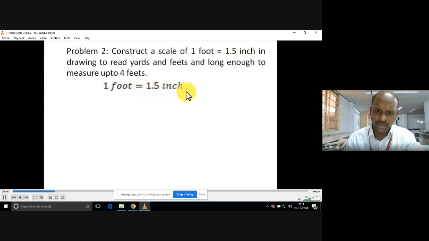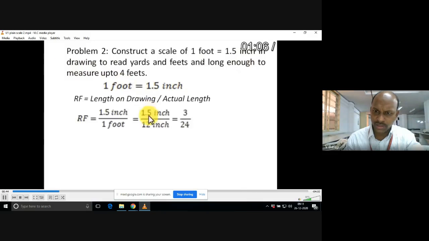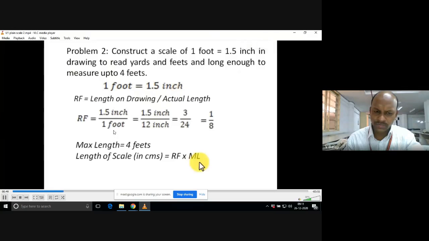Once again, I'm showing. You need to note down important data given in the problem, the relation between actual size and drawing size. Then you take the ratio, drawing size by actual size, and you will get the representative fraction. In other words, 1 by 8 means if the object is 8 units, we are reducing its size to 8 times.